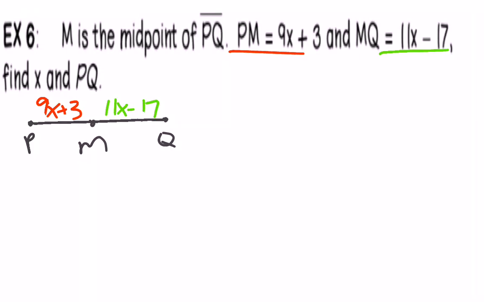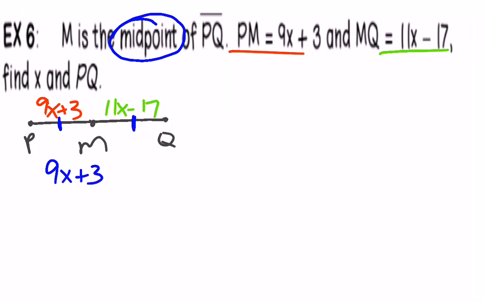This one did not give me a total. So what am I going to do? Well, we need to go back to the fact that this is the midpoint, which means PM is congruent to, or the same as, MQ. And what symbol can we put between these two that represents being the same? We would say that means they're equal.